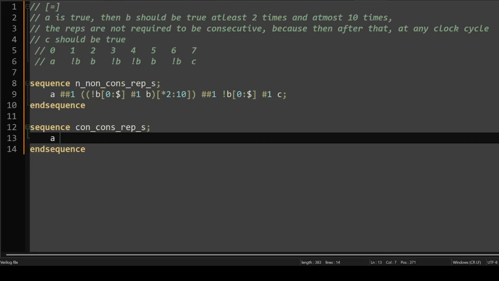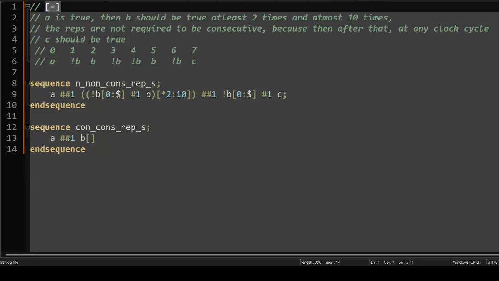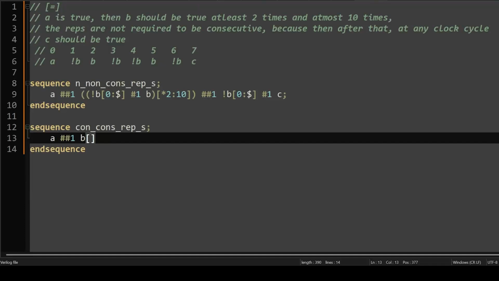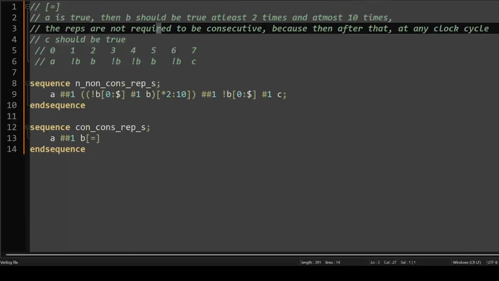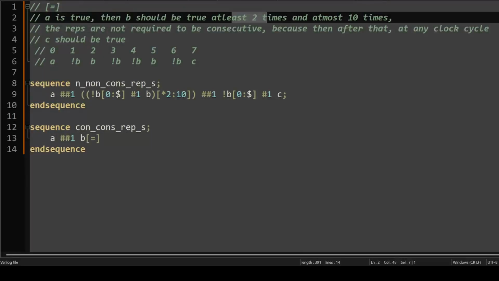We just have to write A is true, then on the next clock edge we write B, and inside the square bracket we use the symbol equals to, which indicates that it's a non-consecutive repetition, and it is required to be repeated for at least 2 times.